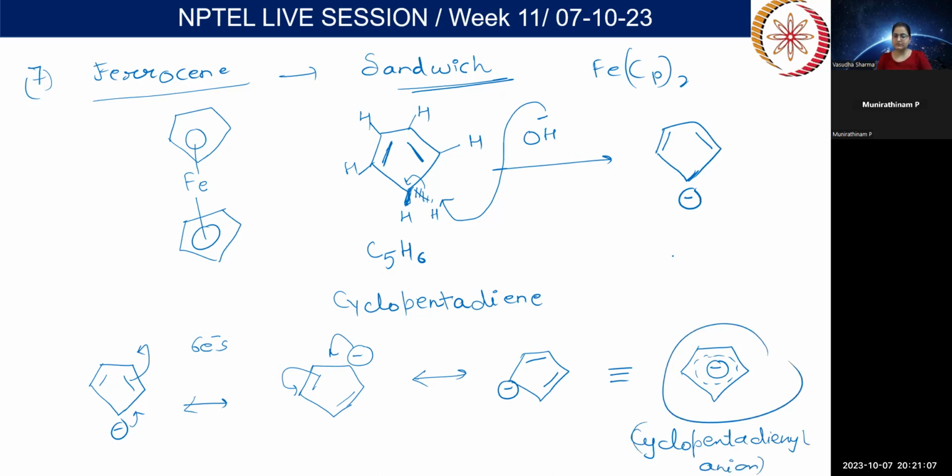This particular Cp gives you one negative charge. It is an electron donating ligand, a very strong ligand. This is how it combines with iron to make a complex.